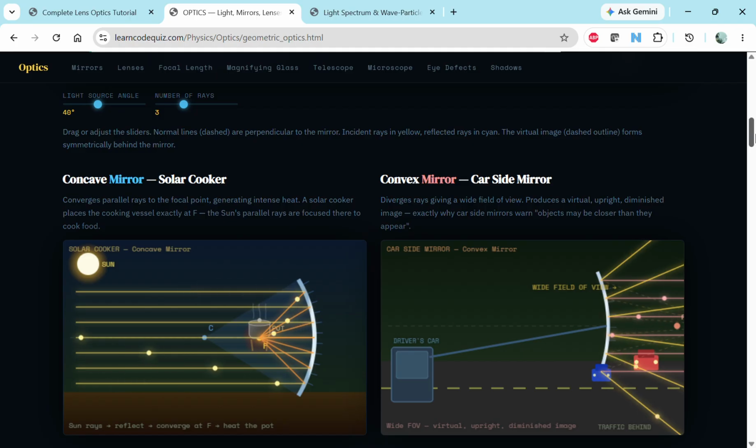It's not the center, it's the focus of it. And so the question is, how do cookers work? Or you may have seen in a car the side mirrors are convex mirrors. But what are convex mirrors?